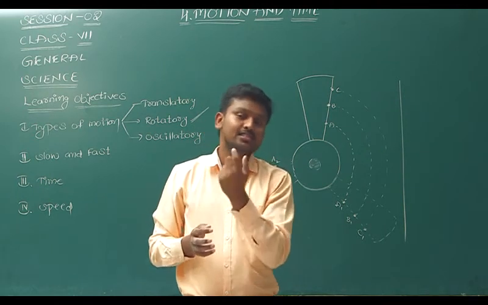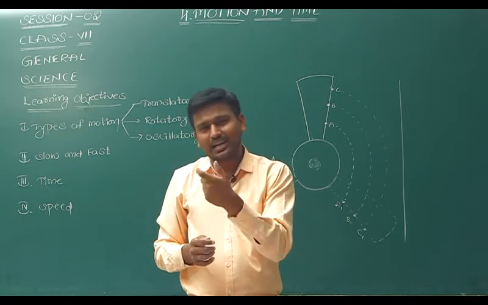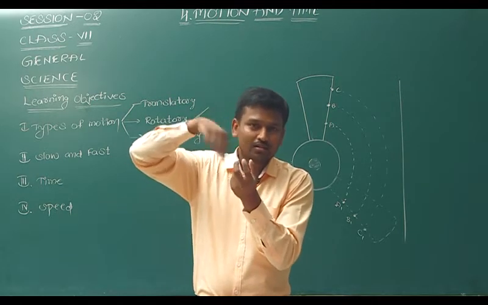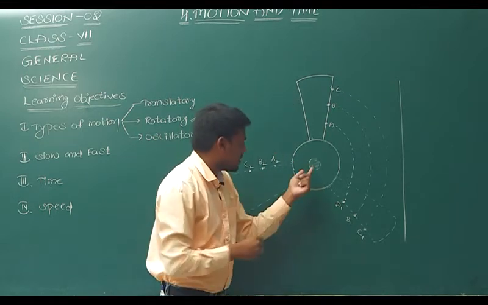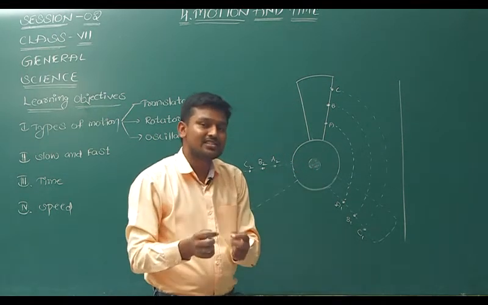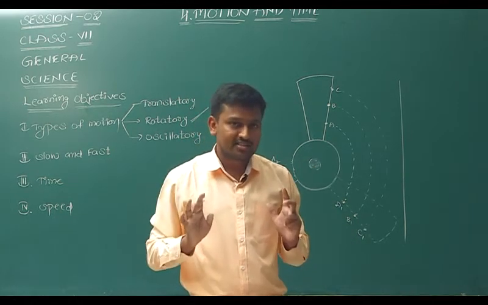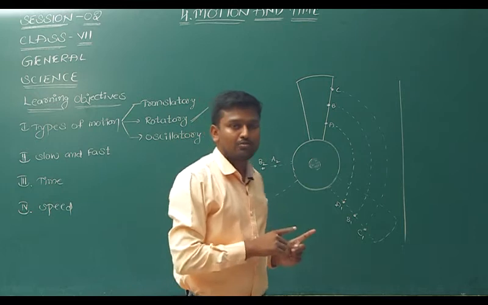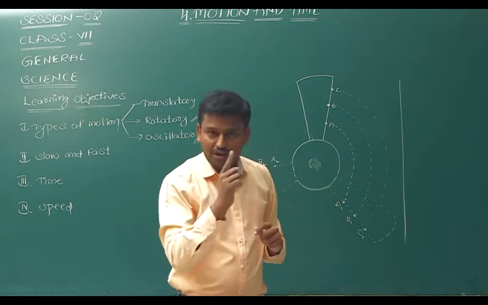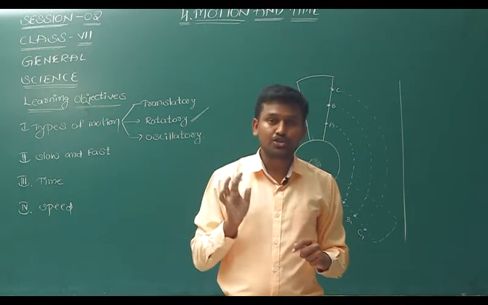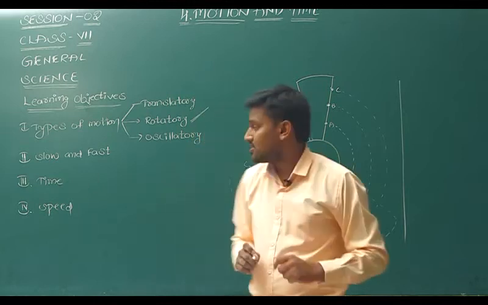But when the earth is rotating about a fixed point, then we can consider it as rotatory motion. So now I hope you understand the difference between rotatory motion and circular motion. The rotation of the earth is rotatory motion, and orbiting the sun is circular motion.